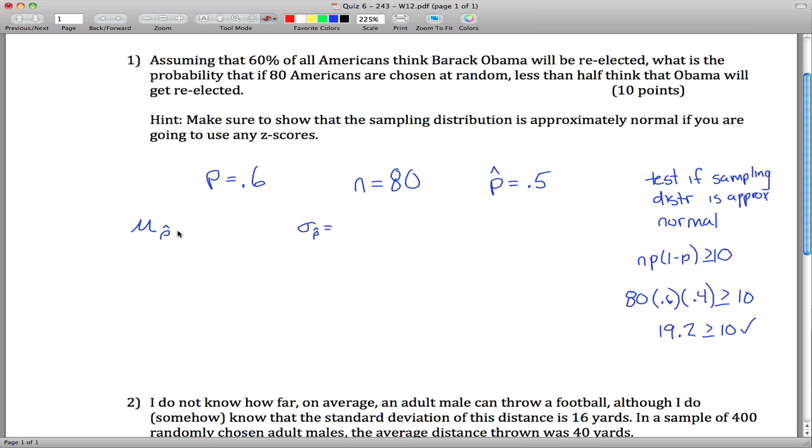The mean of p hat is just 0.6, and the standard deviation of p hat, we have a formula for that. It's the square root of p times 1 minus p, 0.6 times 1 minus 0.6, divided by n, which is 80.